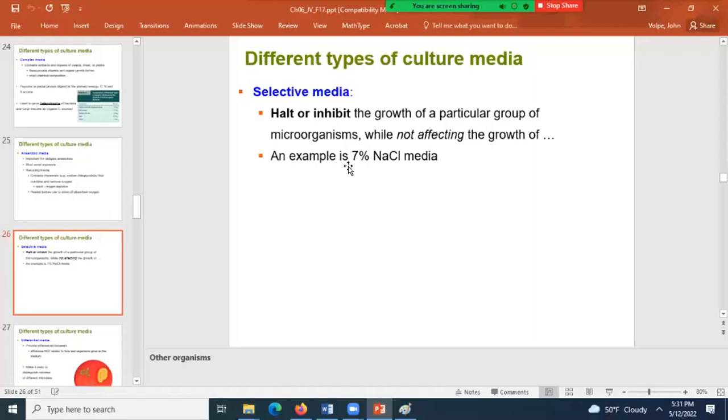So it's selective for organisms that can tolerate 7% sodium chloride. If they do not grow in 7% sodium chloride, they will be selected against. Any question about selective media?